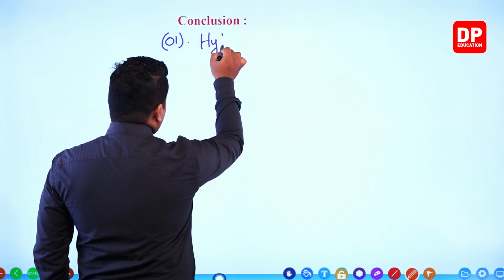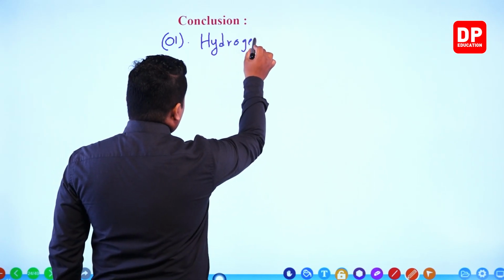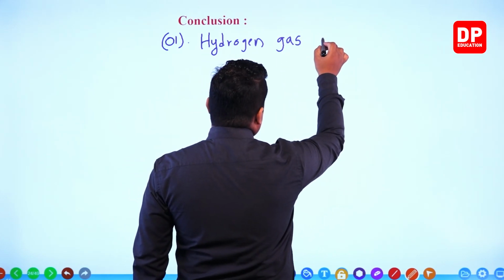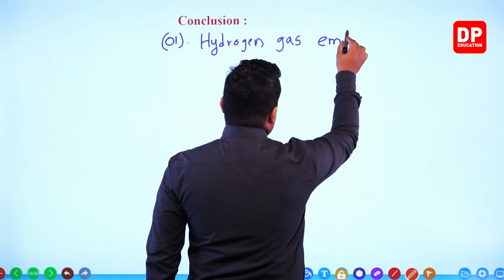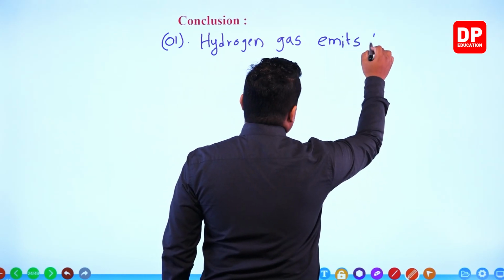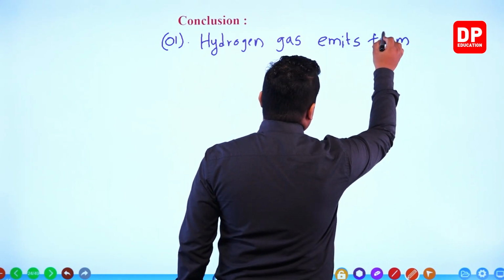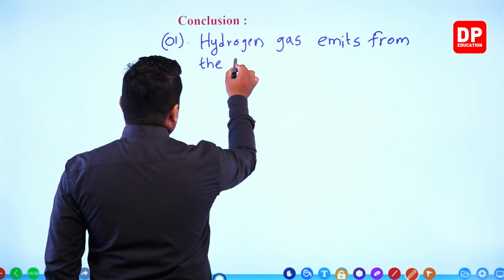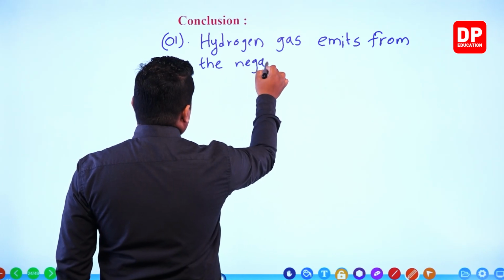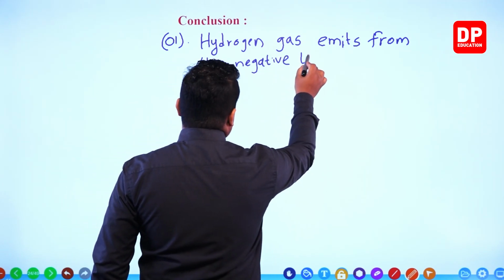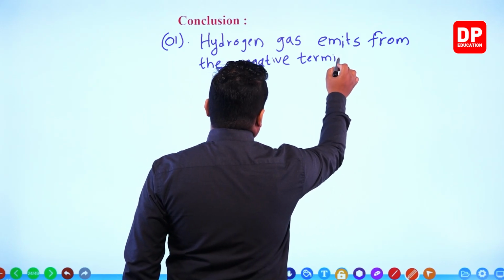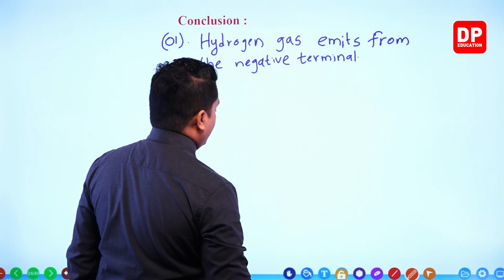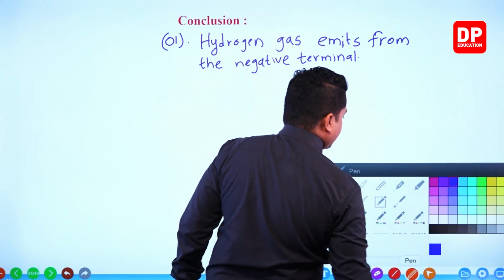Hydrogen gas emits from the negative terminal. How can you say that?